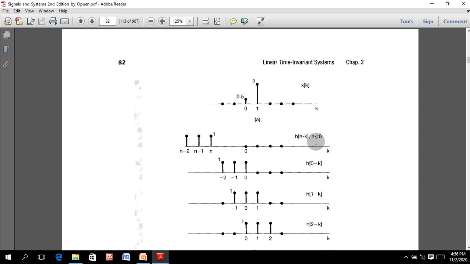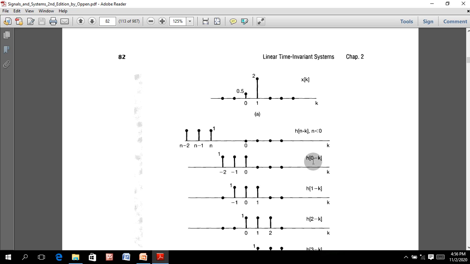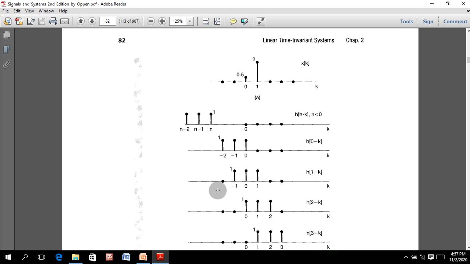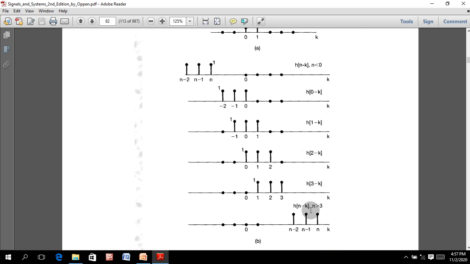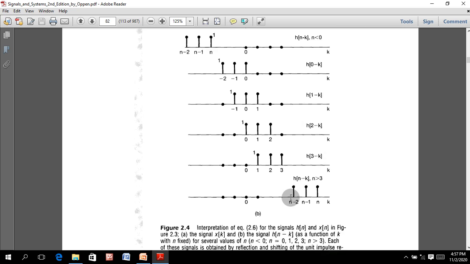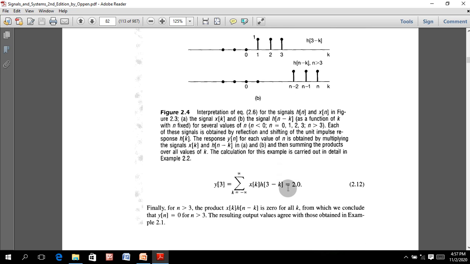In case of n equal to 0, we get minus 2, minus 1 and 0 for h of 0 minus k. For h of 1 minus k, we will get this, for h of 2 minus k we will get this, for h of 3 minus k we will get this. So after using this, we will get this result.